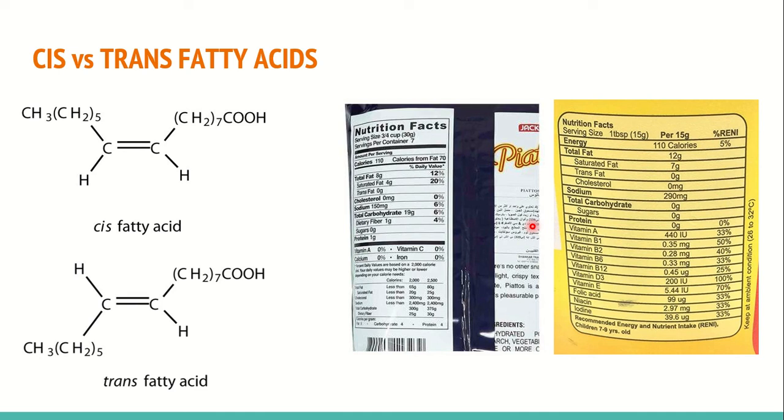Ano pa ba? Margarine. So, yung margarine natin, kung makikita ninyo, kahit walang nakalagay, as you can see here. So, these are processed foods. Kahit wala siyang nakalagay, sinasabi, trans fat natin ay 0 gram. Pati itong margarine natin, 0 gram. Do not believe that because these are your processed foods.